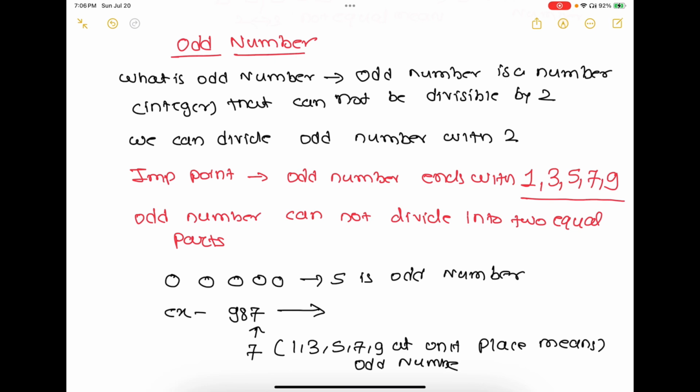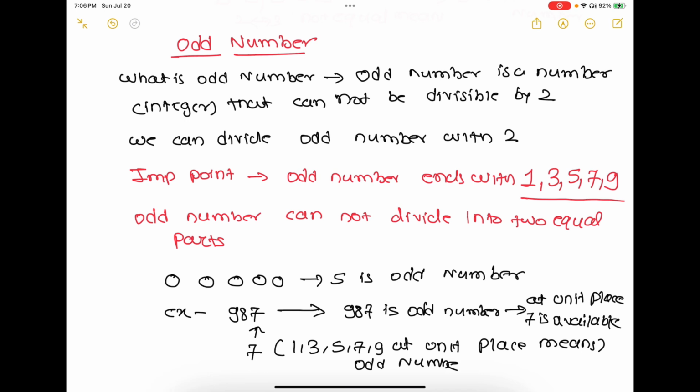So this means 987 is odd number because at unit place, or one's place, 7 is available. Okay, that's called odd numbers.